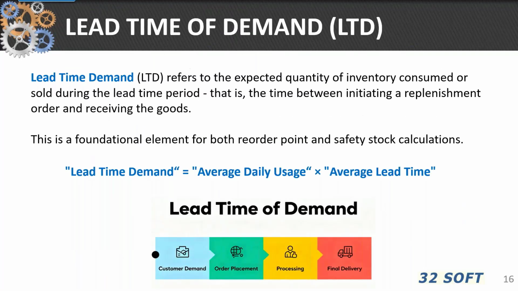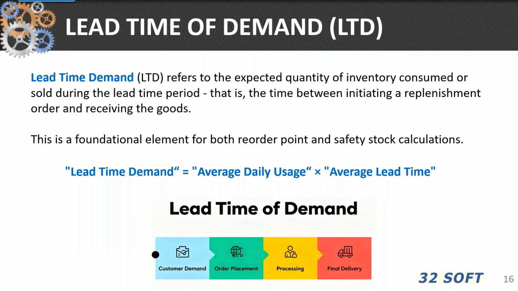Lead time demand refers to the expected quantity of inventory to be consumed or sold during a lead time period. That is the time between initiating the replenishment order and receiving the goods. It is one of the foundations of reorder point and safety stock calculation.